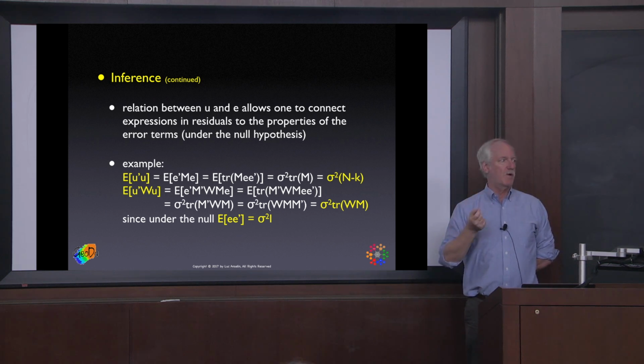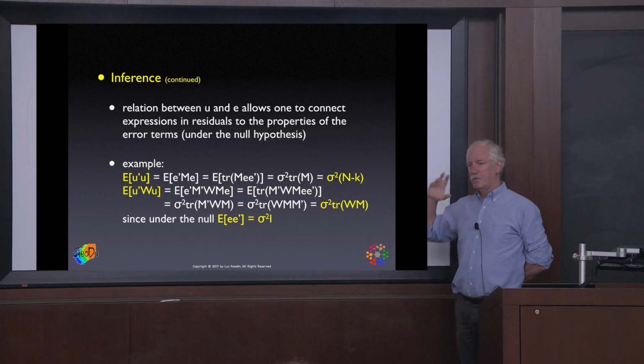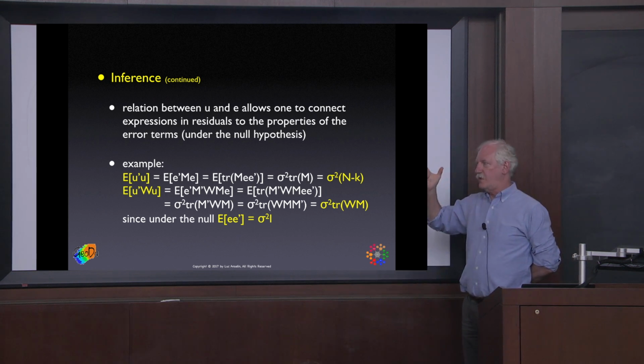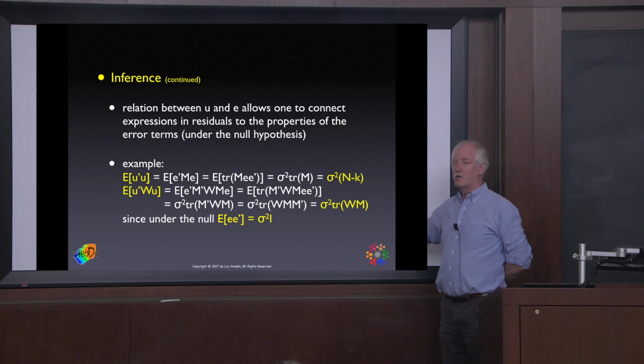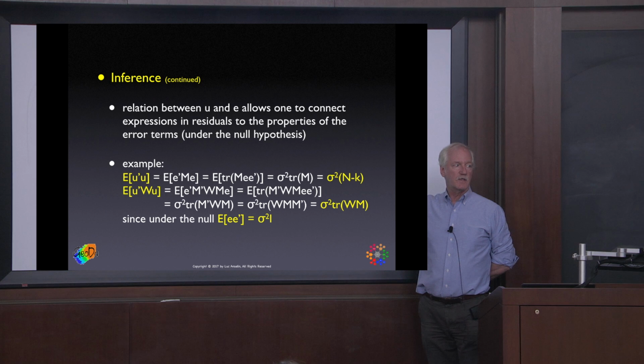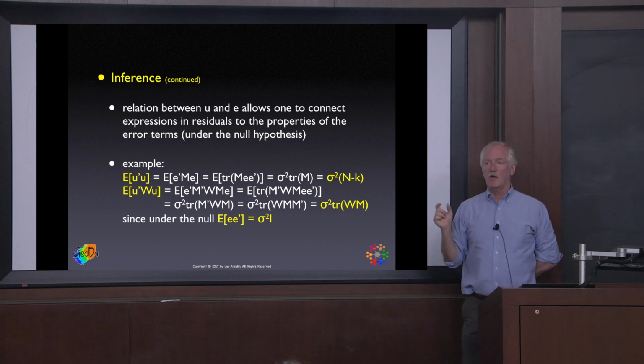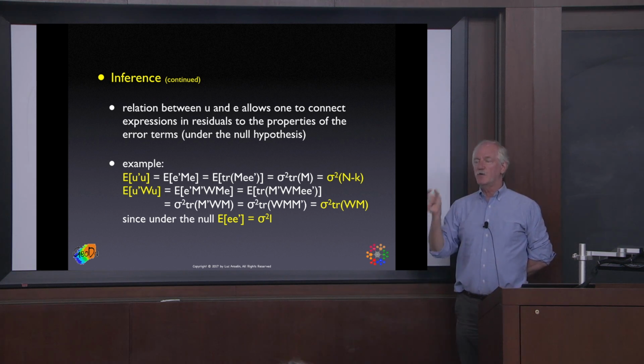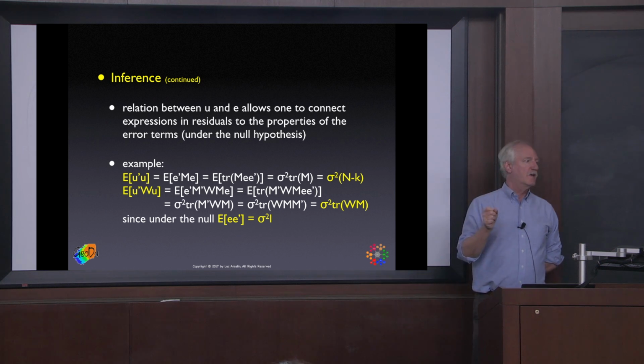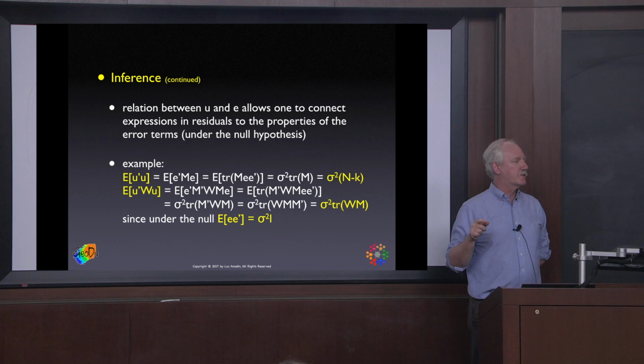It's a simple number. And here we do this very useful trick, and you'll see this a lot in econometrics. Because it is a scalar, it is equal to its trace. Now, the trace of a matrix is the sum of the diagonal elements.